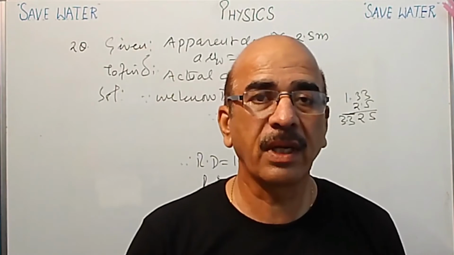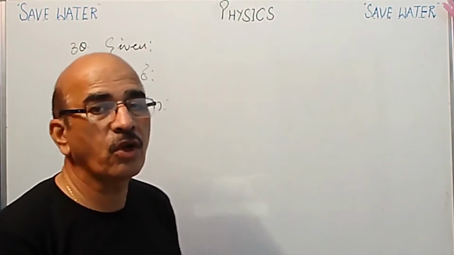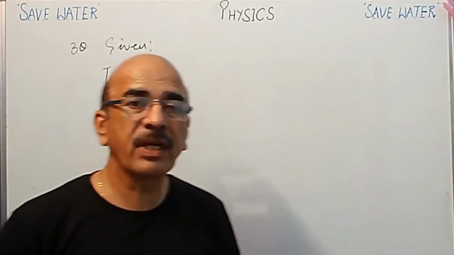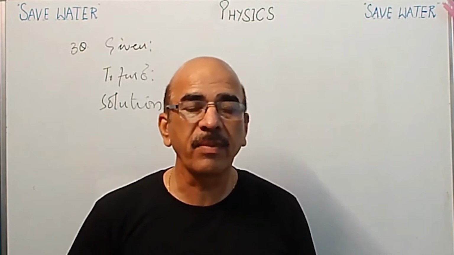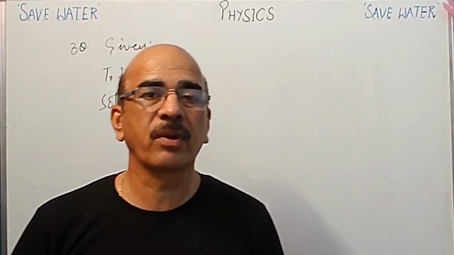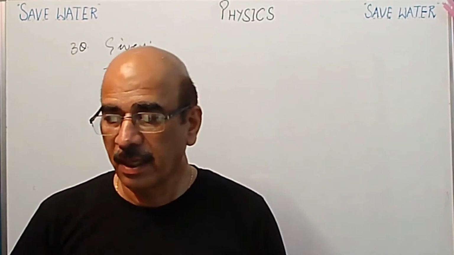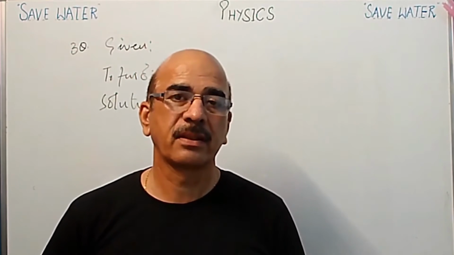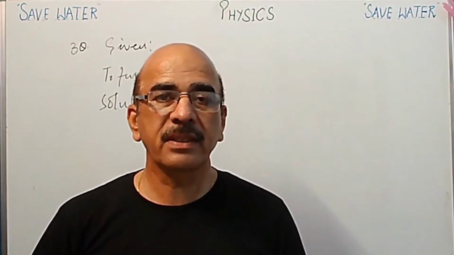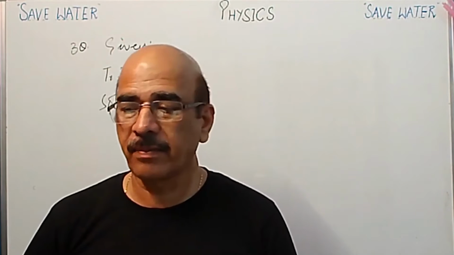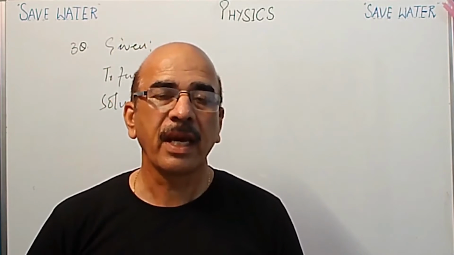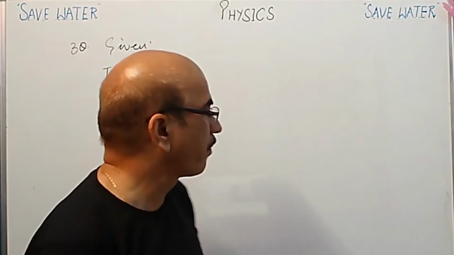Now question number 3. So the third question we are going to do, and what is given here, I am reading the question and in the meantime you can write down in your notebook. So the question is this: a postage stamp placed under a glass appears raised by 8 millimeter.